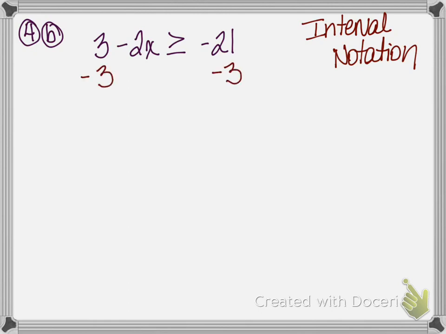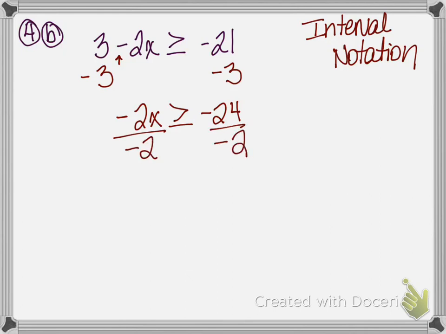Okay, don't lose that negative. So I have minus 2x is greater than or equal to negative 24. Then I am going to divide both sides by negative 2. This number that I'm dividing by is negative. That is when we flip the inequality sign.